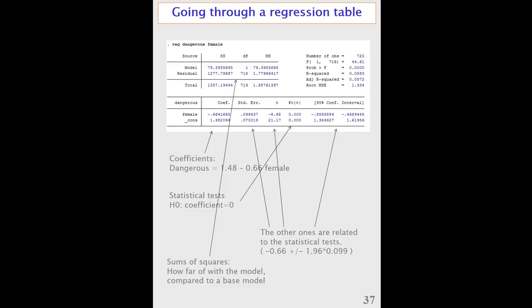What else do we have? There we see a little bit of other stuff related to the statistical tests. First, that we have 0.000 here has to do with the fact that we have a test statistic over there, in this case called T, that is quite far away from the standard minus 1.96 and plus 1.96.